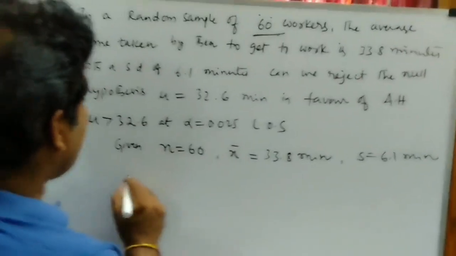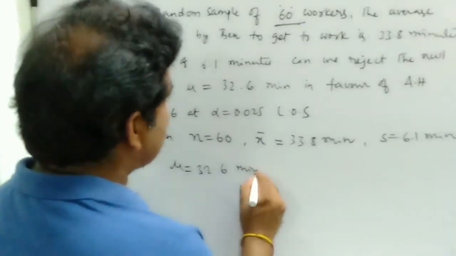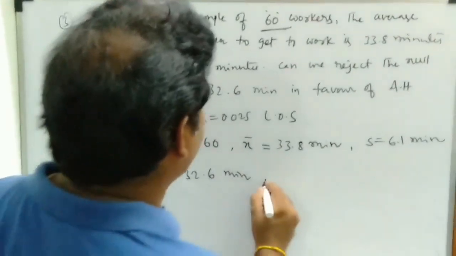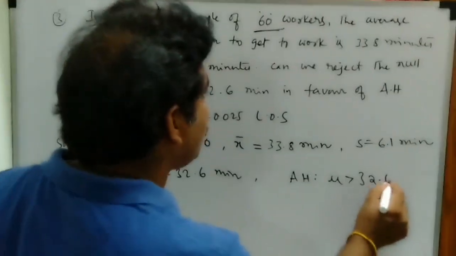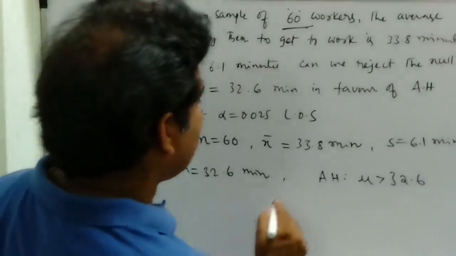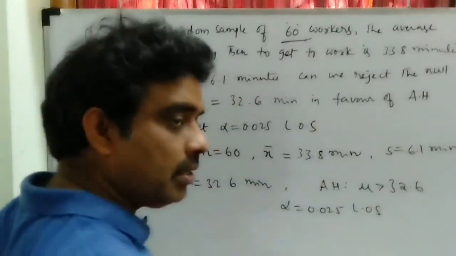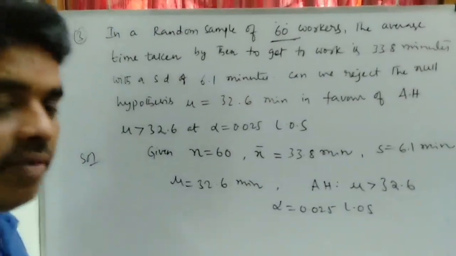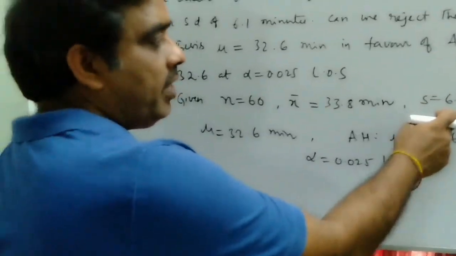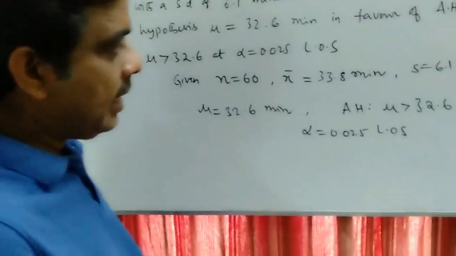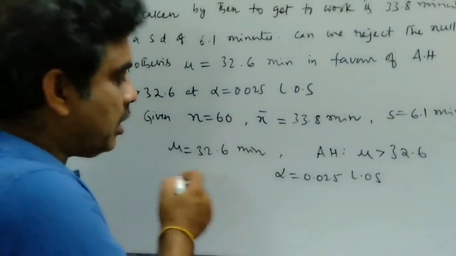Can we reject the null hypothesis mu is equal to 32.6 minutes in favor of the alternative hypothesis? The alternative hypothesis is also given, mu greater than 32.6, at alpha 0.025 level of significance. So first see the data: n value 60, x bar 33.8, sample standard deviation 6.1, and mu 32.6, which is the population mean.